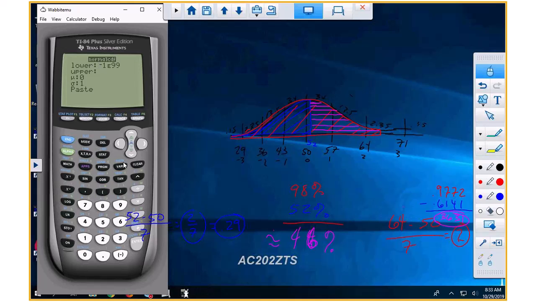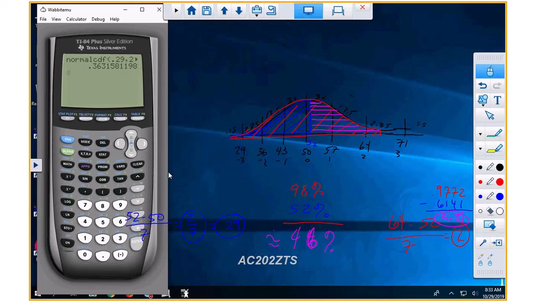The lower limit, what did we get? What's my lower limit? 52? And I'm going to do the 0.29, sorry. 0.29. And then the upper is 2. Paste, and enter. 0.3631, is that what we got?